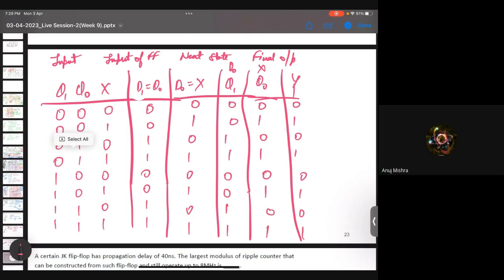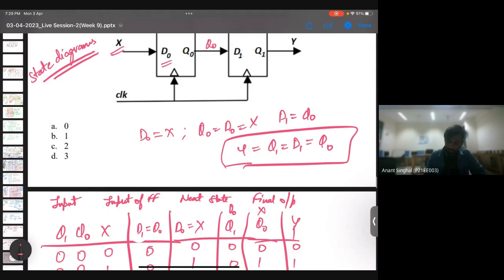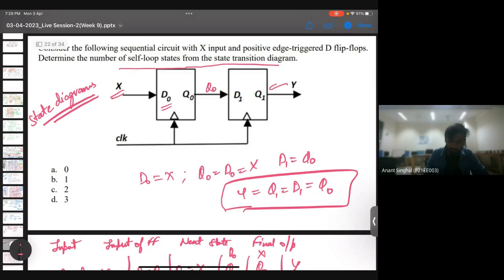It's fine, but why are you taking the output as Q naught only? Yeah, so here you can see Y is connected to Q1, right? And for a D flip flop, we know D1 is nothing but Q1's next value, and D1 is nothing but Q naught. So Y will be nothing but Q naught.